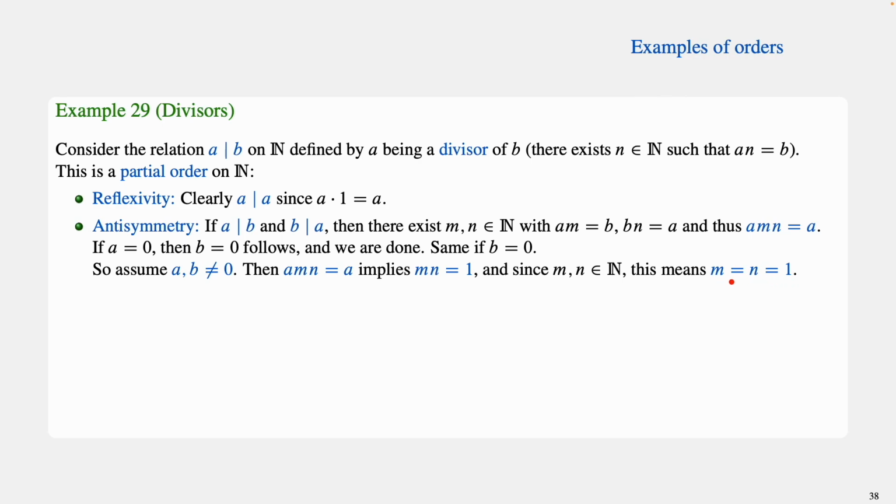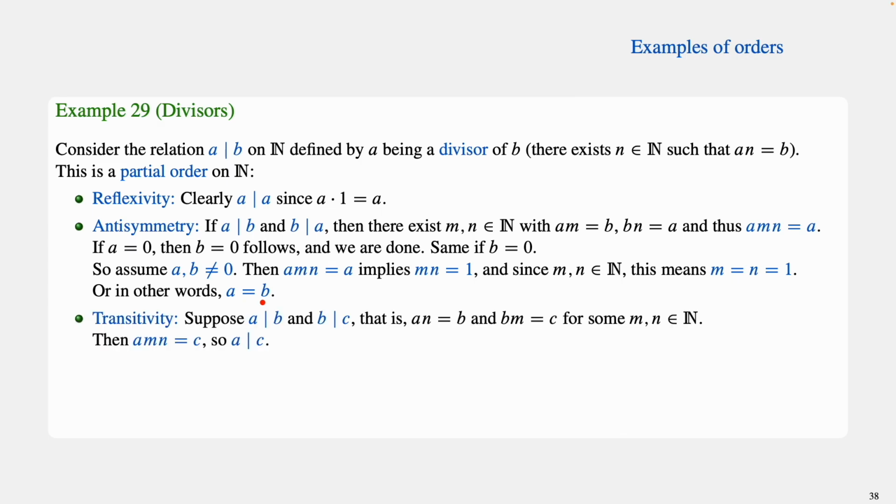So we get m equal n equal 1. But if we plug this back in here, this means nothing else but A being equal to B. Which proves the antisymmetry.